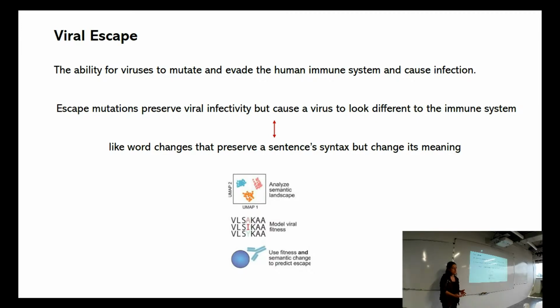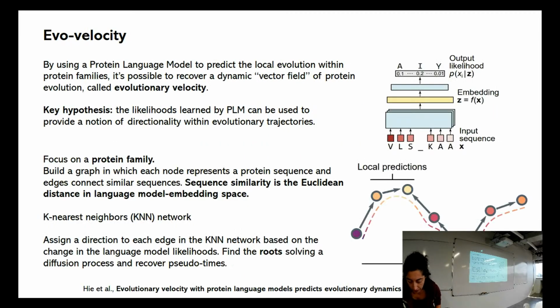It helps it basically function. And I hope you get the feeling of why it is important to predict them. Protein language models are really great in predicting mutations. And so people started to use them to do so.